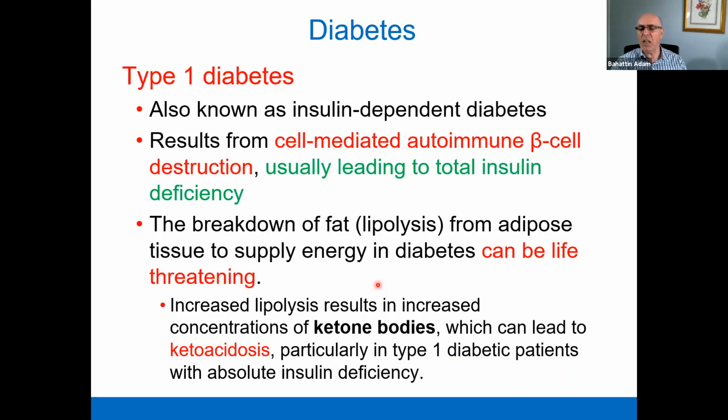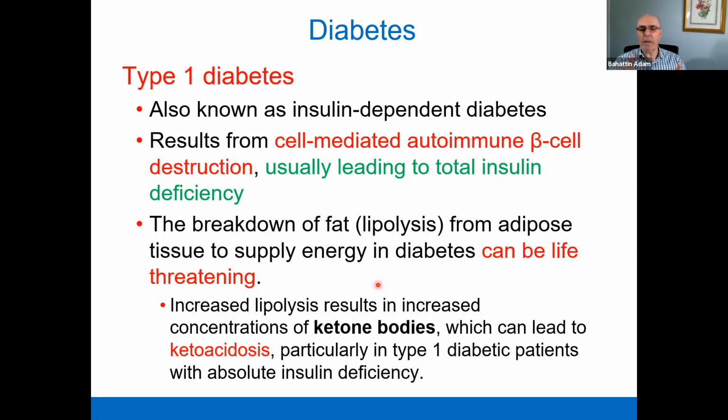Increased lipolysis results in increased concentration of ketone bodies, which leads to ketoacidosis. Ketoacidosis will change the pH of the blood, which is really crucial and life-threatening, because if you change the pH of the blood, it will destroy everything.